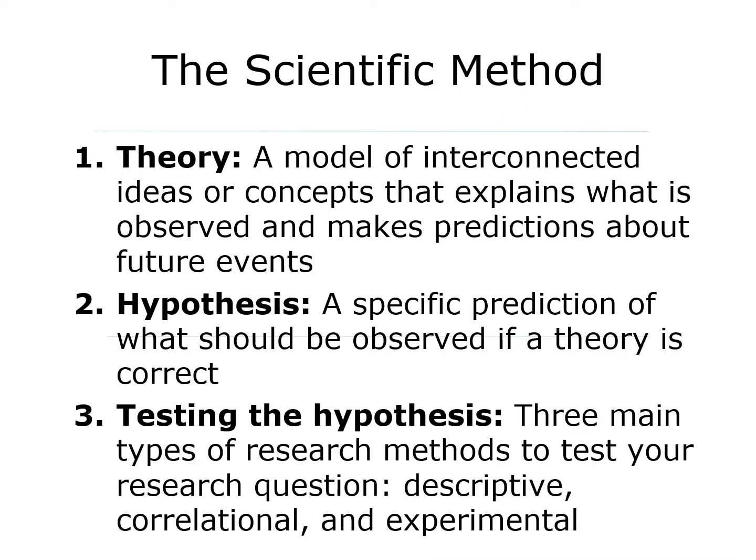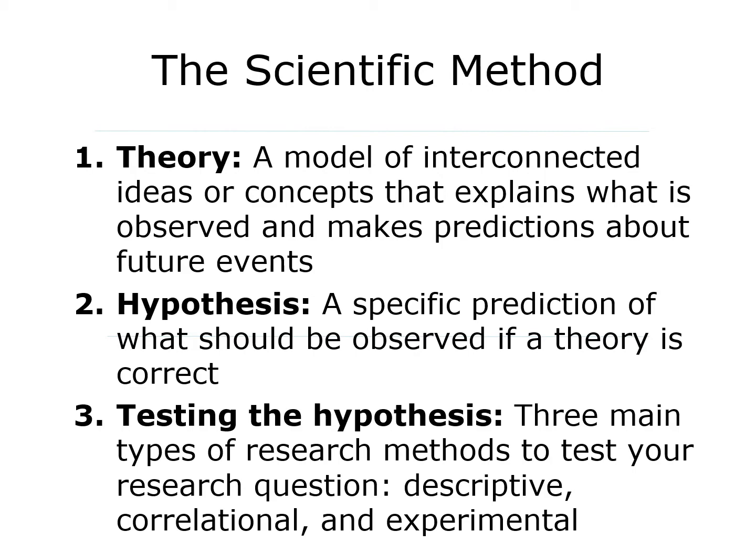A theory is a model of interconnected ideas or concepts that explains what is being observed and makes predictions about future events. To me, a theory is a big picture. It's something that you notice in your everyday life. It's very broad, it's very general. Number two, though, the hypothesis is very specific.